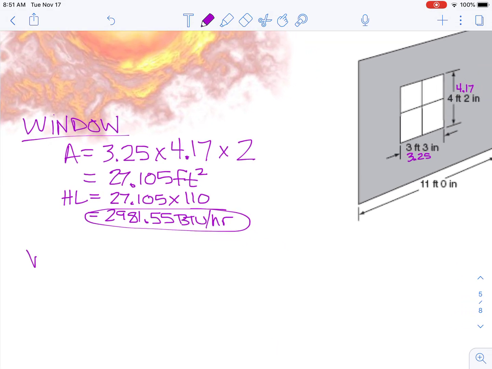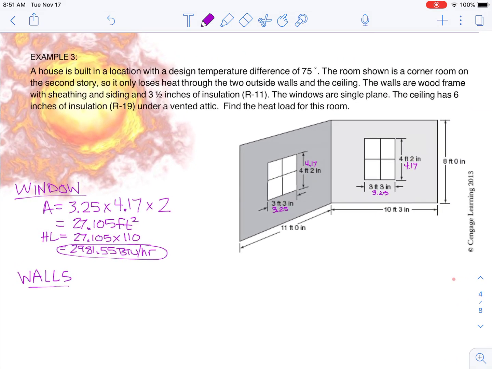So now let's look at our walls. There's an easy way to do the walls. We could do each wall separately. But if you imagine that those walls are on a hinge on the corner, and we flatten this out so that this whole length would be flattened out, and then we could take it times 8.